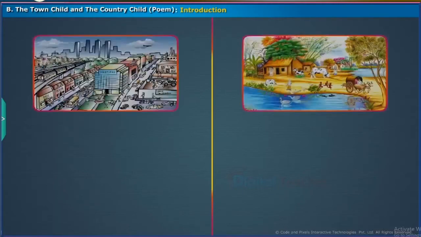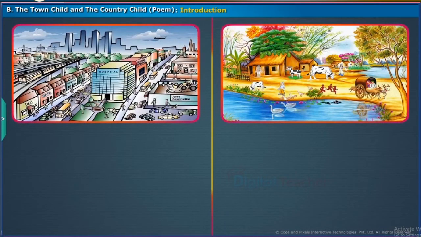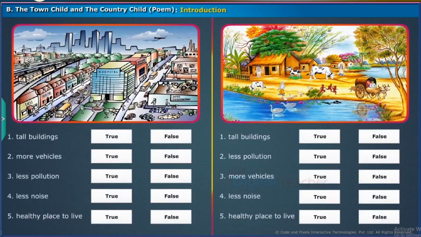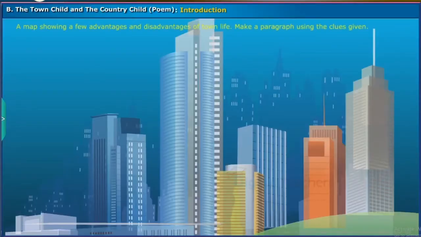Observe the given images. Based on the images, click whether the statements given below are true or false, then observe the answers carefully. A map showing a few advantages and disadvantages of town life. Make a paragraph using the clues given.